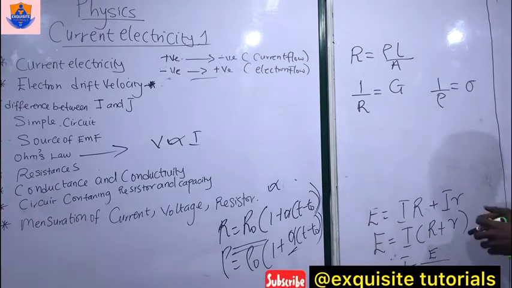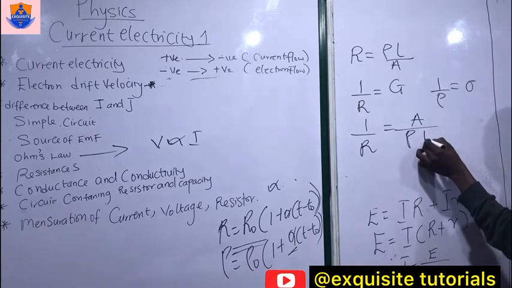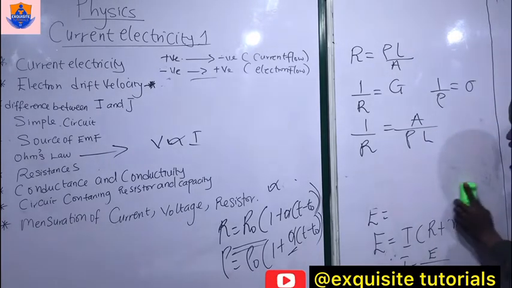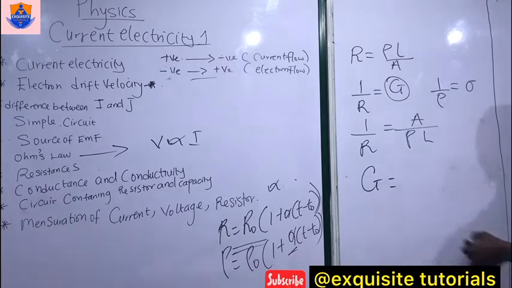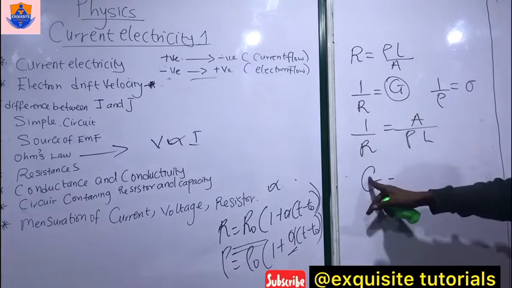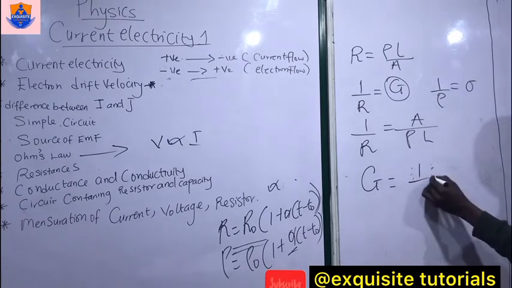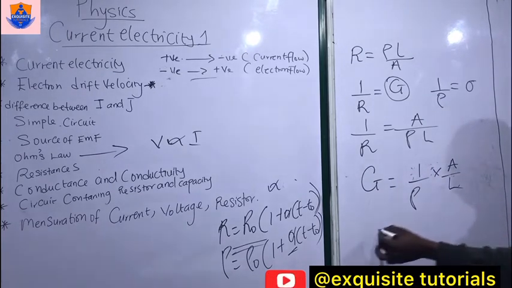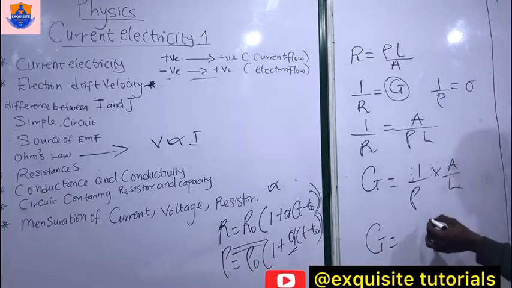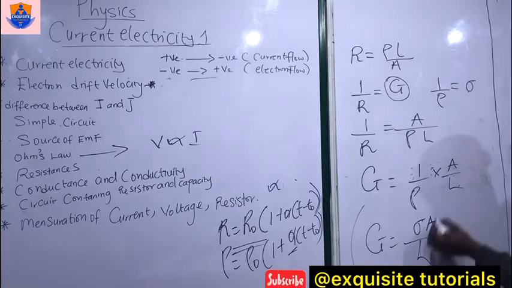If I take the inverse of this formula, it will be 1 over R is equal to A over resistivity times L. From here, I can introduce conductance and conductivity: this is equal to conductivity times area over L. So this is the formula that connects conductance and conductivity.